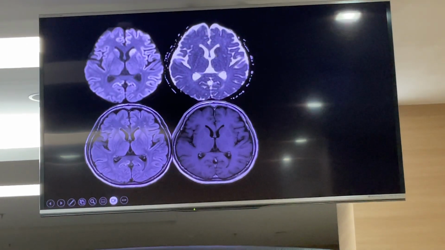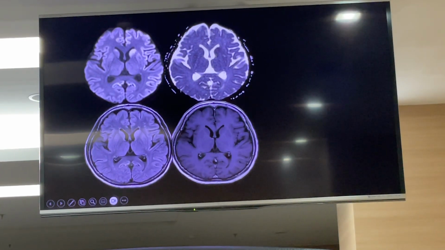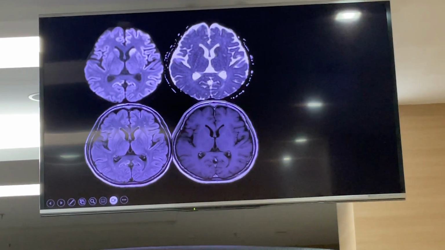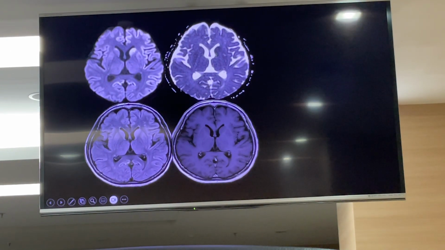This patient came to the hospital with progressive cognitive decline. You can see a little bit of high signal intensity over the cortex and bilateral caudate nuclei, with low ADC in this region and also along the cortex with restricted diffusion. The FLAIR image is just subtle, but if you see these images every day, maybe 10 or 20 cases every day, you can realize that this is a true lesion.